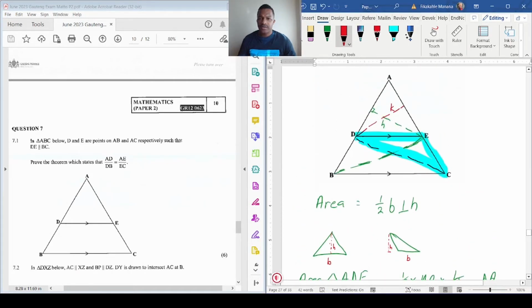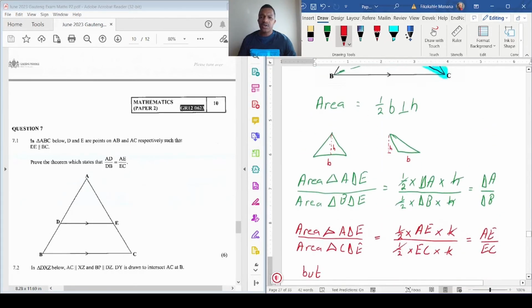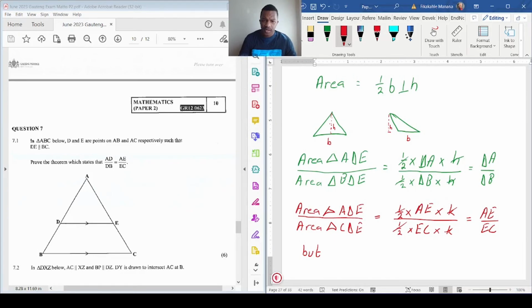From there, we need to realize that if you look at these two triangles that we constructed, these DEC and BDE, they are actually equal. Let's write this one down: triangle BDE is equal to triangle CDE.